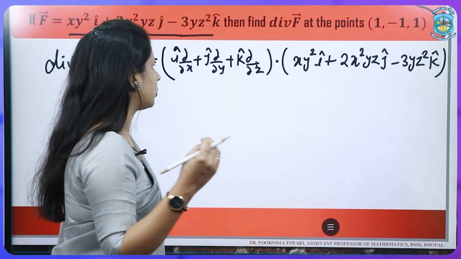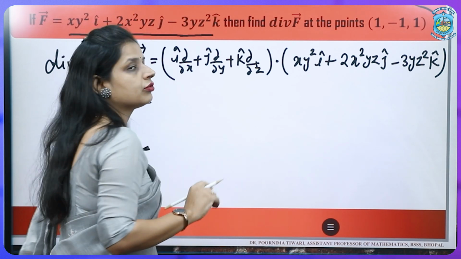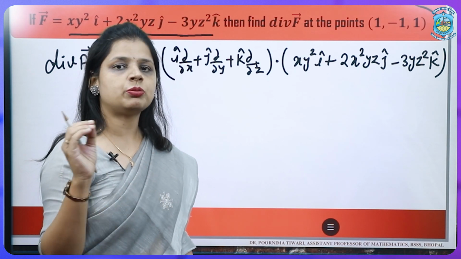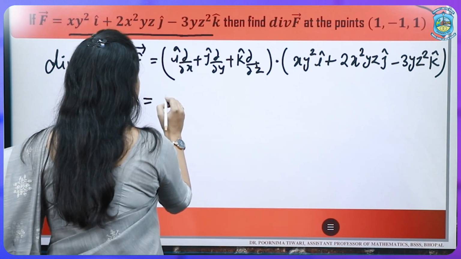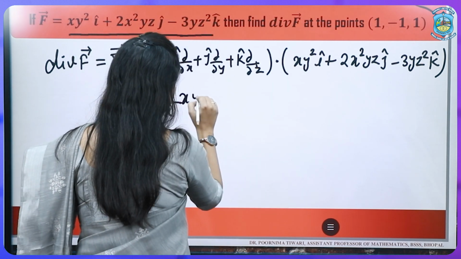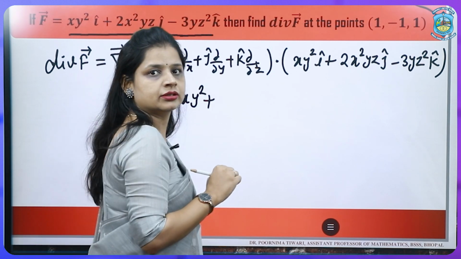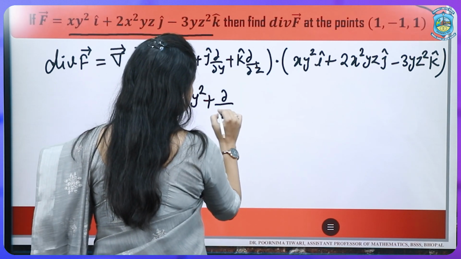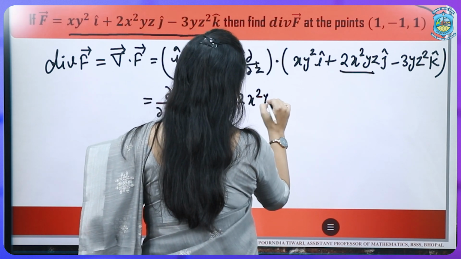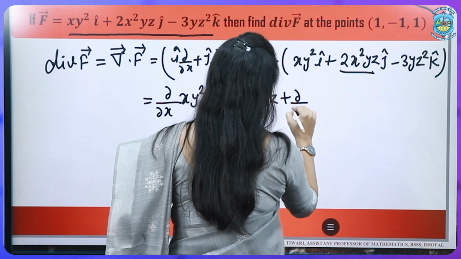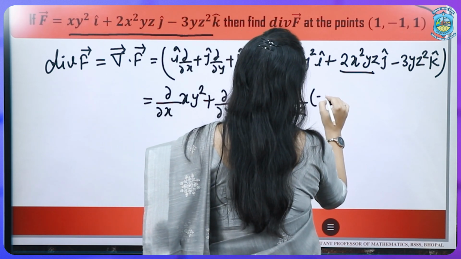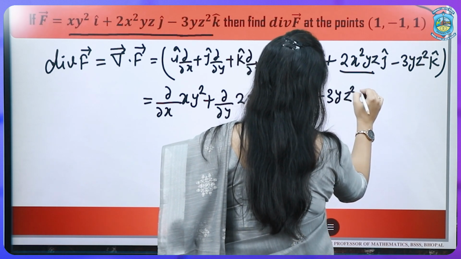When we take dot product, we apply the formula A1 B1 plus A2 B2 plus A3 B3. So, here our A1 is del by del x and B1 is xy square, plus A2 is del by del y and B2 is the term 2x square yz, plus the third term would be del by del z operating on minus 3yz square.